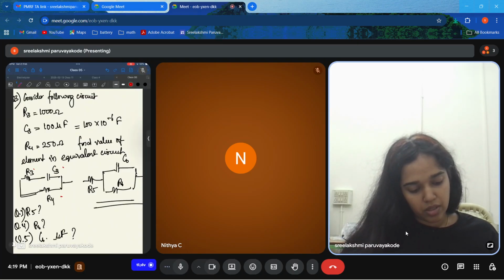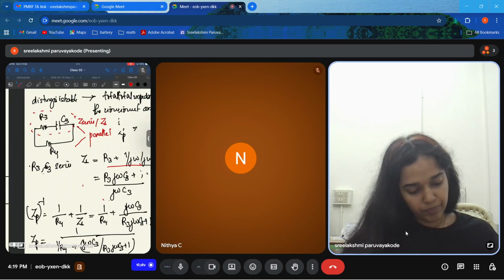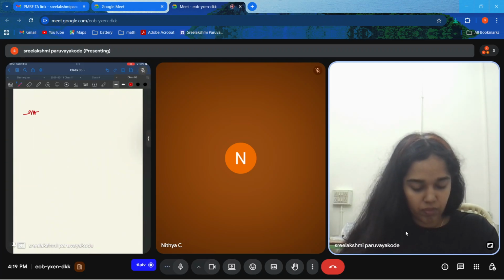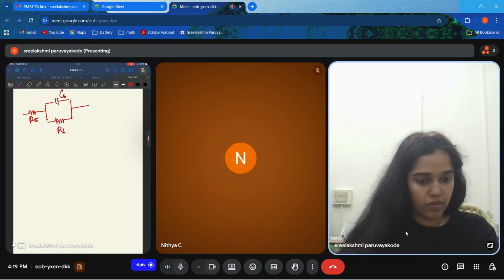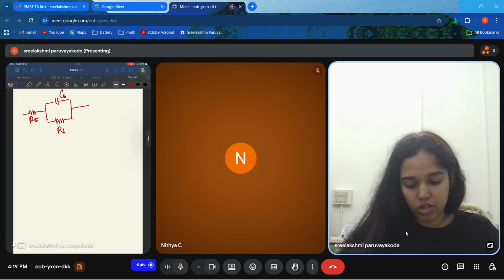What is it? You have R5, C6 and R6. You don't know any of the values. Do the same thing: find out the total impedance. These two are in parallel.